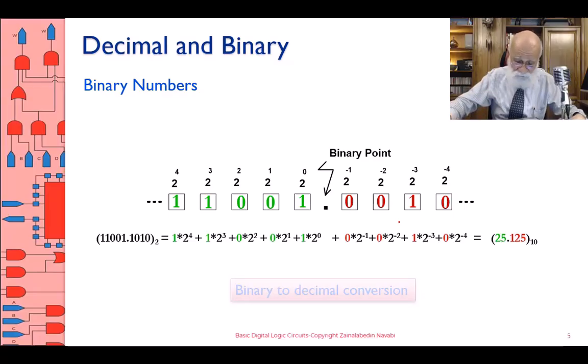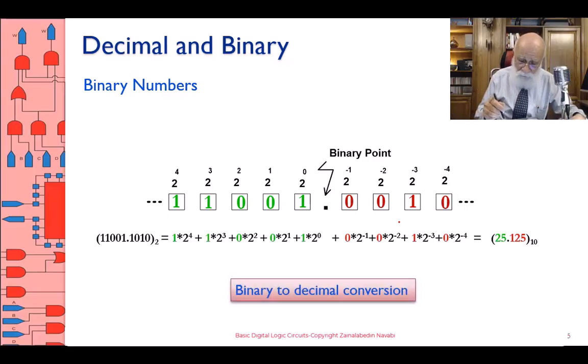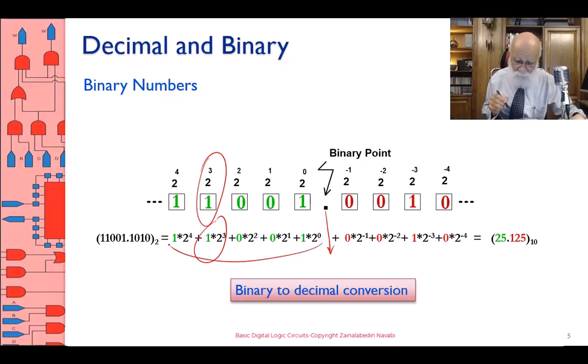To the right, the weights are 2 minus 1, 2 minus 2, and so on and on. In order to do the conversion to decimal, you start at the binary point, and then you go to the left, multiply all these digits by their corresponding weight, and then you add all of these together.